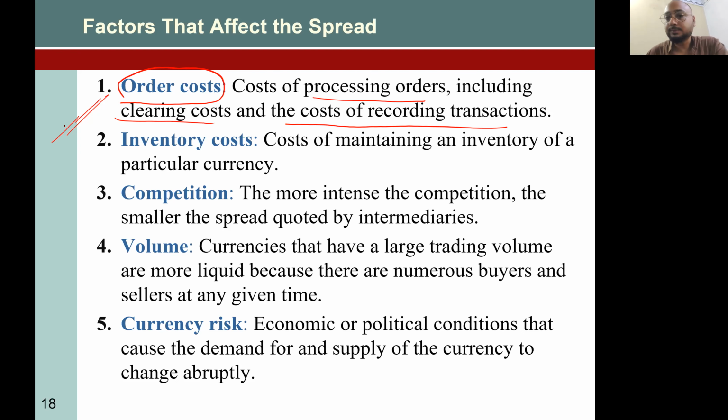Simple, right? Number 2, inventory cost. Some people, basically the dealers, purchase in bulk and save it with themselves. When you order it, it also costs them to store the currency, whether using an e-wallet or bank wallets or something.